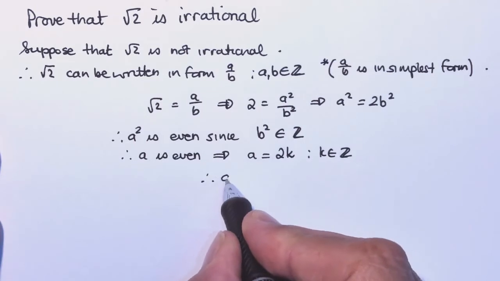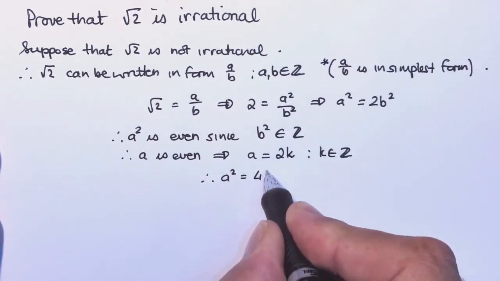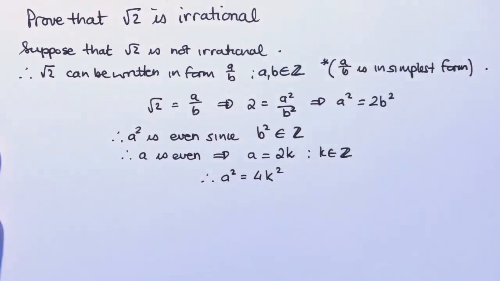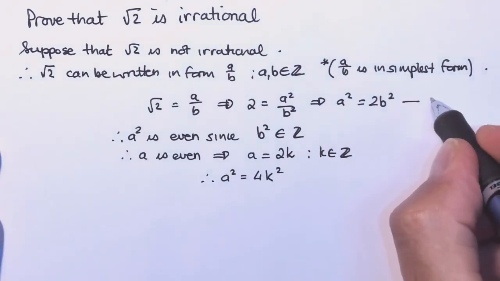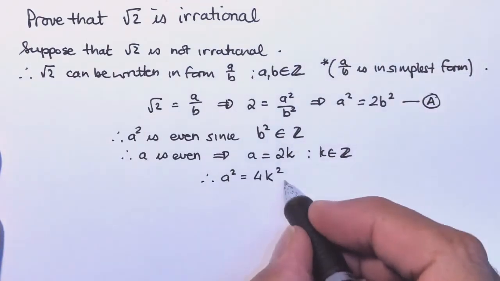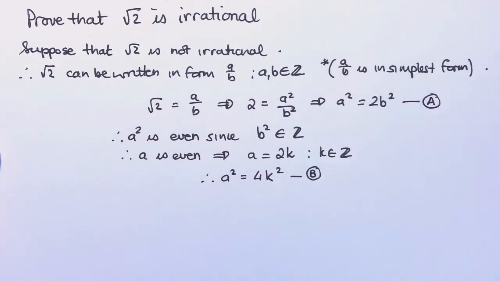Now what does this mean? This means that a squared can then be written as 4k squared. Now if you look carefully, we've got a statement here about a squared and we've got a statement here about a squared.